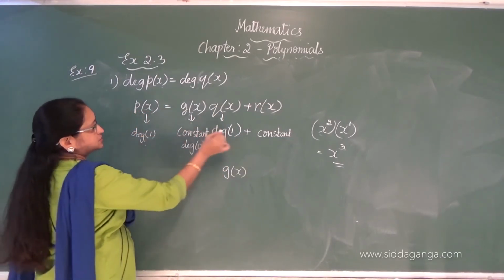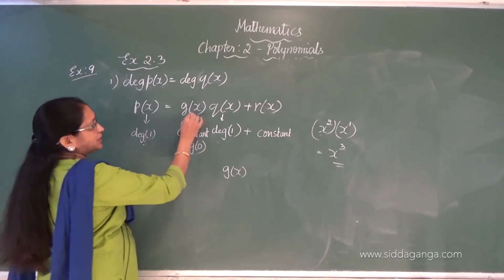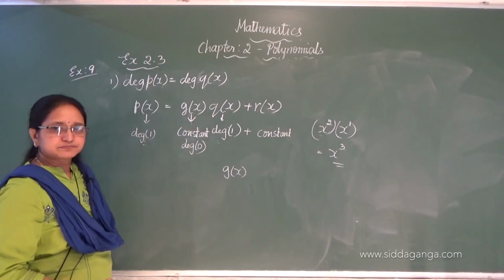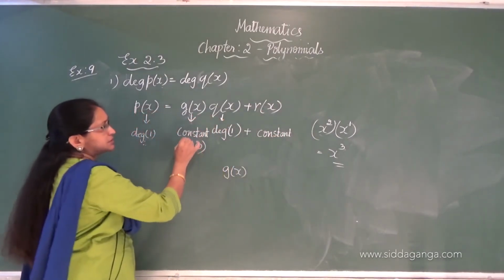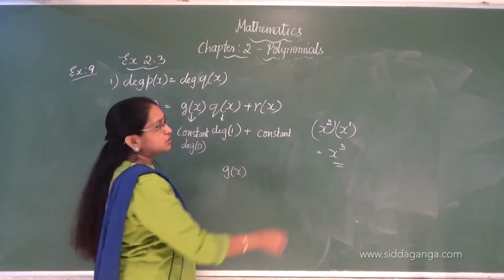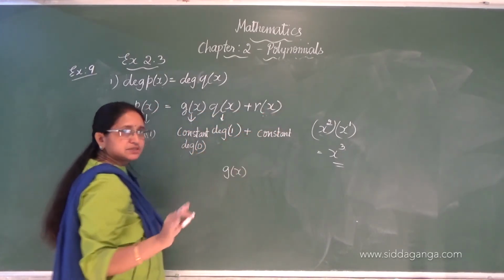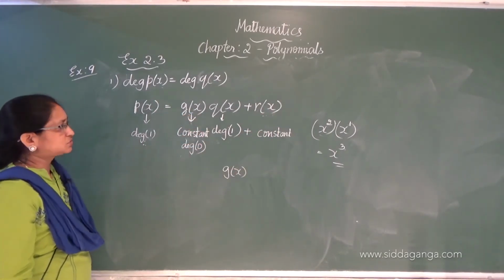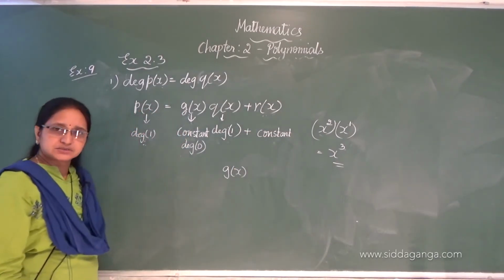So if you want these two of equal degrees, then we can't multiply by any other degree except a constant. Then definitely the degree of r(x) should be less than the degree of g(x), or r(x) should be equal to 0. So if g(x) is a constant, even r(x) is also a constant.